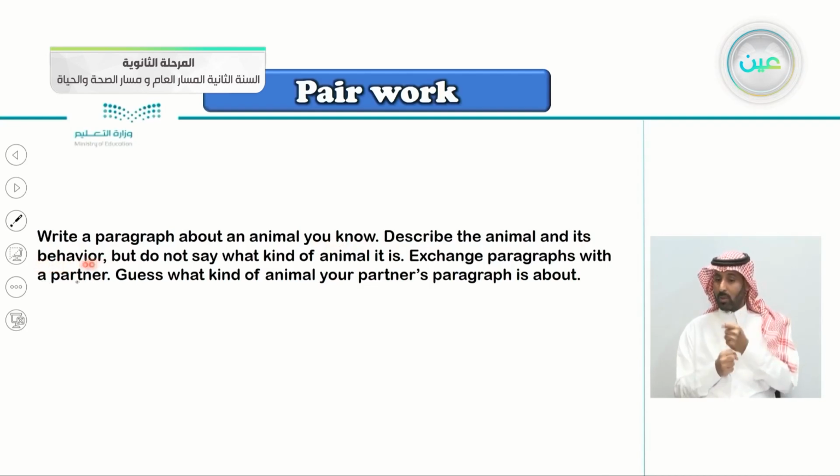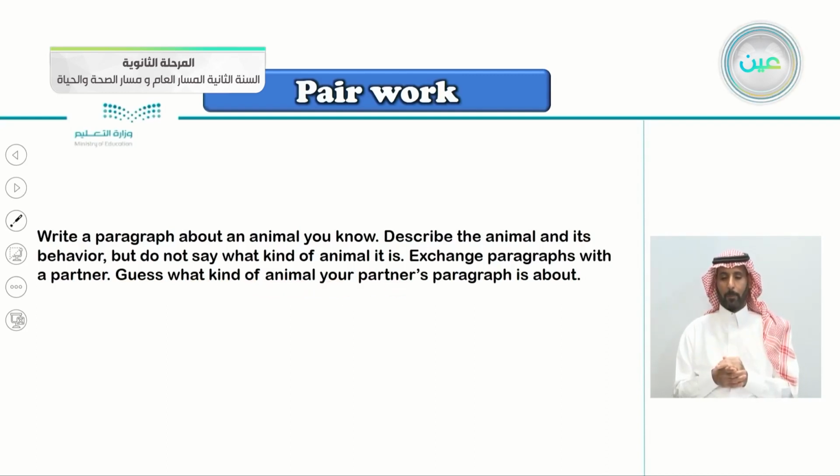What does it do? Describe the animal and its behavior, but don't say what kind of animal it is. Keep it a secret. Don't say, is it a horse? Is it a lion? Is it a cat? Don't say what kind of animal it is. Exchange paragraphs with a partner. Guess what kind of animal your partner's paragraph is about.